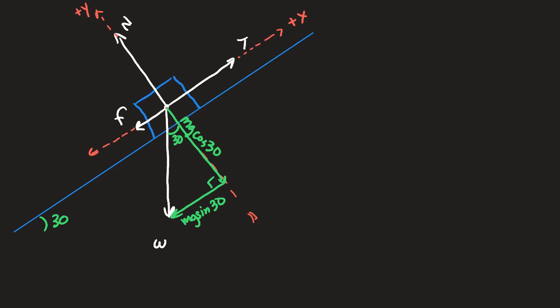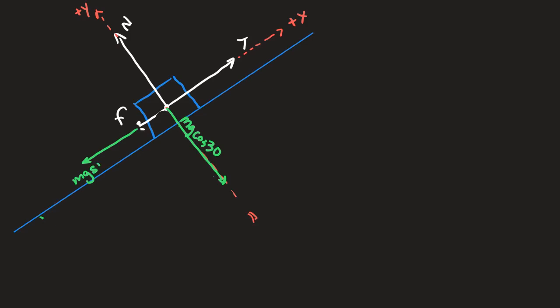Then I'm going to change the way I've drawn this so that I can exaggerate a couple things. All right, so now I've just got the forces written as they appear in the x direction and the y direction, so I can focus.